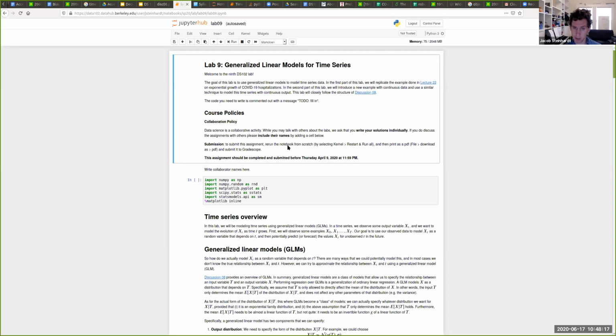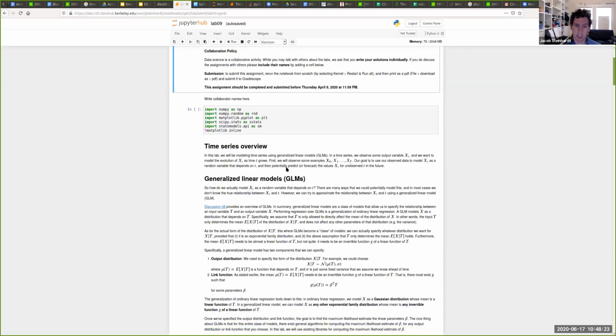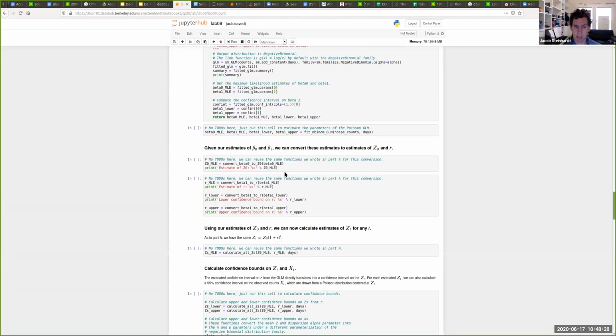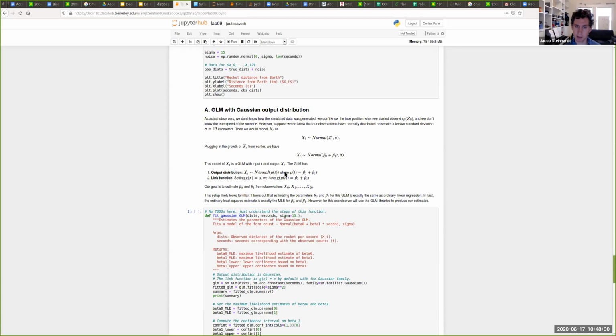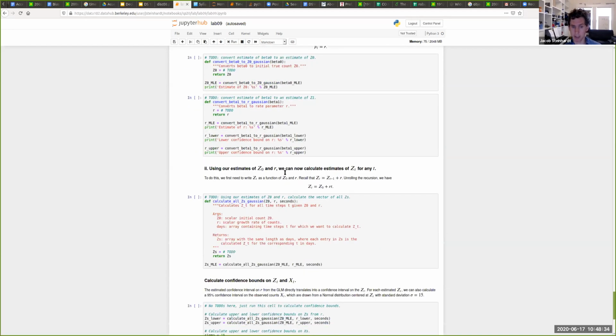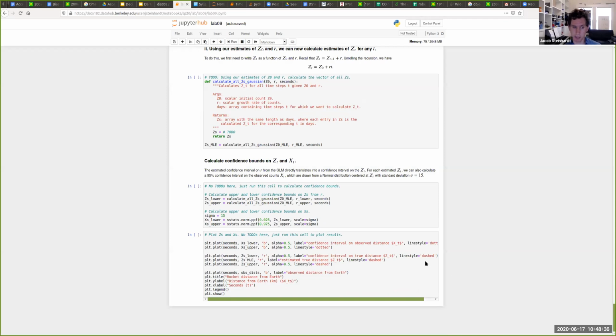We introduced students to the statsmodels package, which is a useful package for doing this sort of modeling. And then they walked through a bunch of coding exercises and did things like computing confidence intervals and other things that reinforced the ideas from lecture.